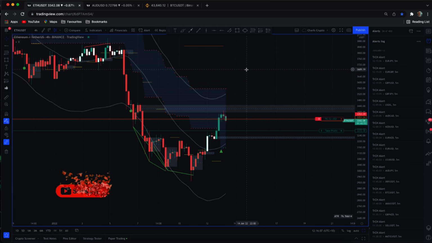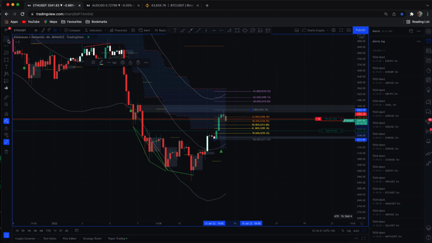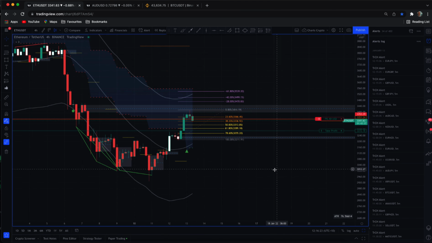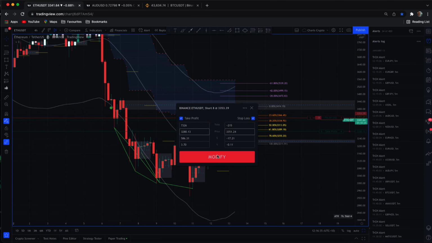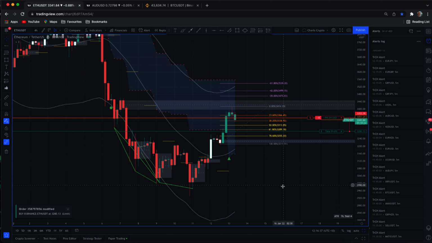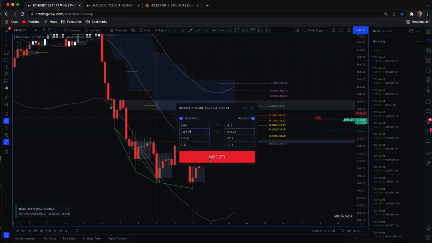So the other thing you do is you grab a Fibonacci and you can go from wherever this move originated here. You could go back here. See the yellow zone on my fibs? TP is between the 61.8 and the 78.6. If you wanted to, you could move it up to around the 61.8 or thereabouts. That's not a bad level to go for if you wanted to just set and forget that.